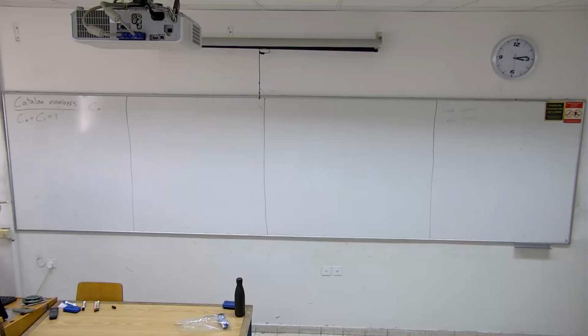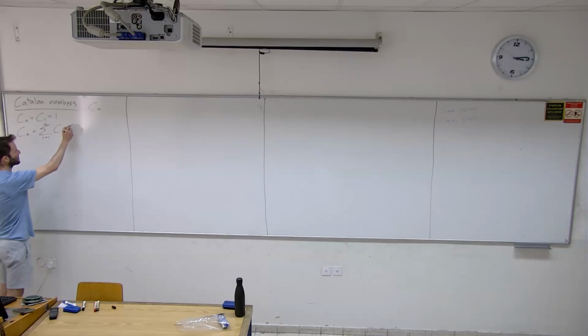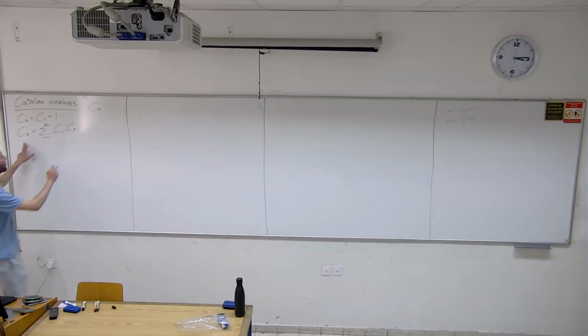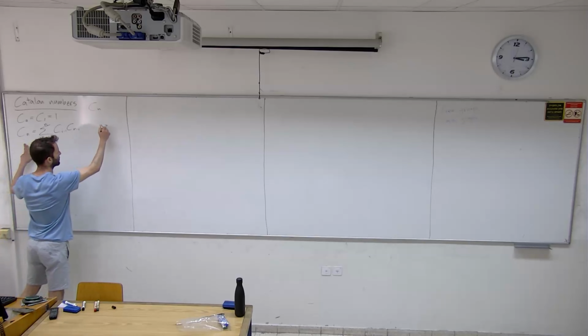That's the base of the definition. And I write the number Cn as the sum over i goes from 1 to n of C_{i-1} times C_{n-i}. I'm pretty sure I got this right. Yes, and this is for n greater or equal to 2.